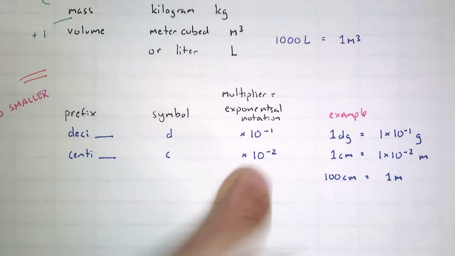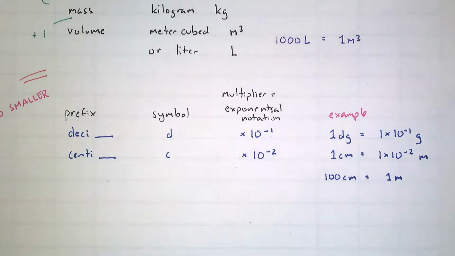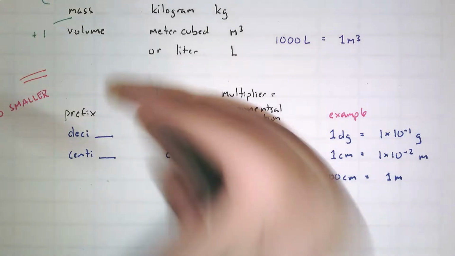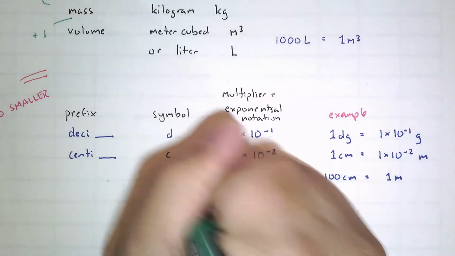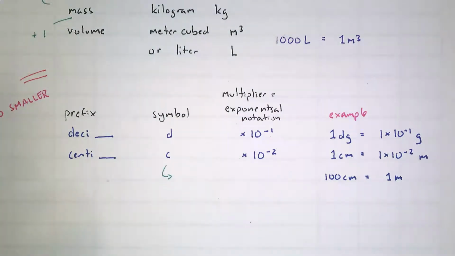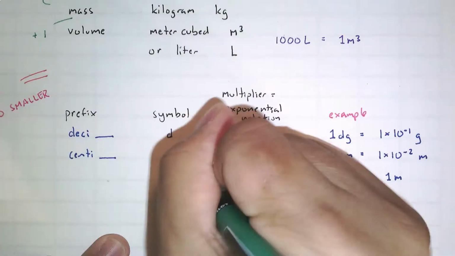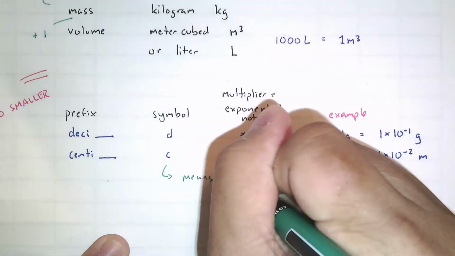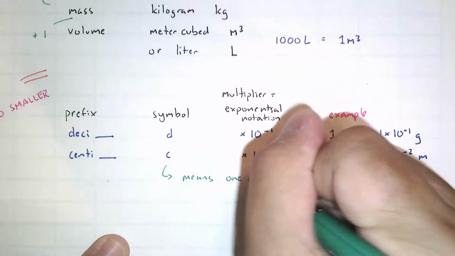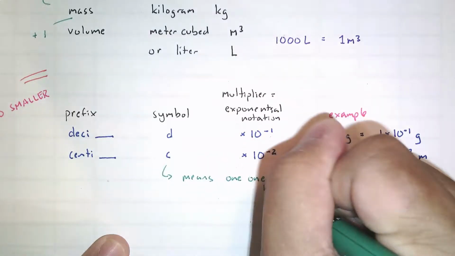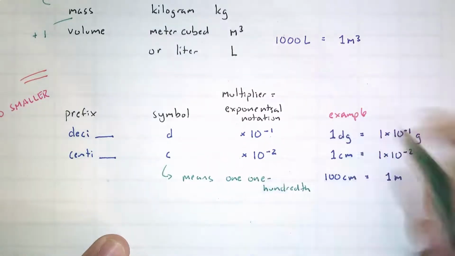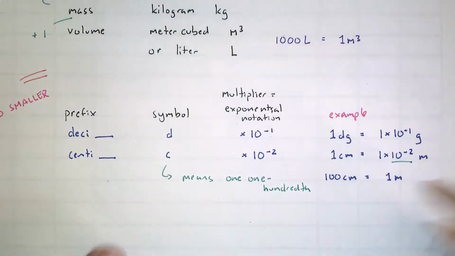I think this will make things easier when we get into harder problems. Because again, when I see the word centi, that prefix literally means 1/100th. And that's where we get 10 to the minus 2.